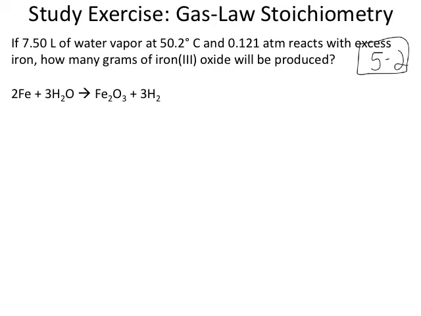Okay. Now, what variables are we given? We're given 7.50 liters. We're given temperature, 50.2 degrees Celsius. We're given atmosphere. And it's asking how many grams of iron oxide, which is here, iron 3 oxide, will be produced. So this is stoichiometry.